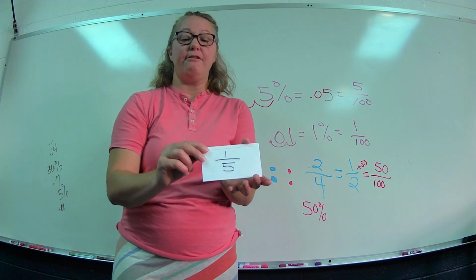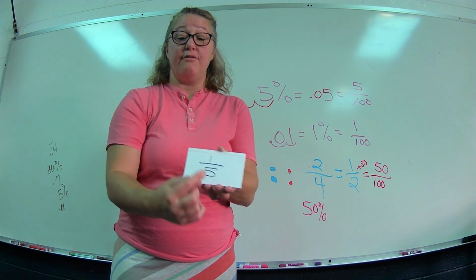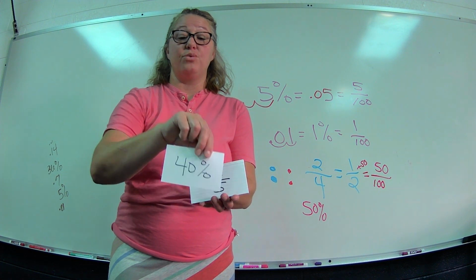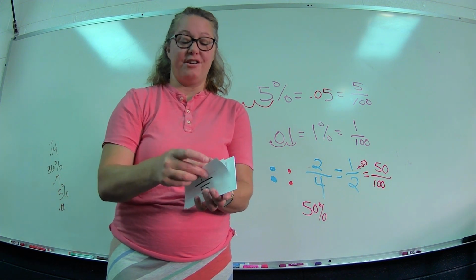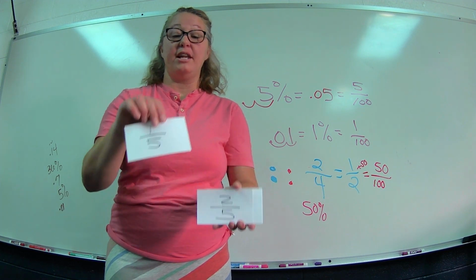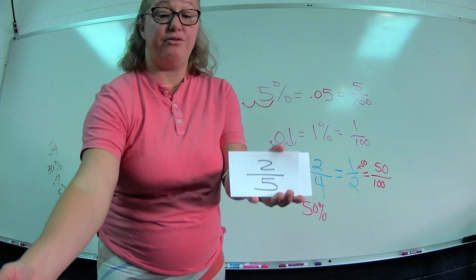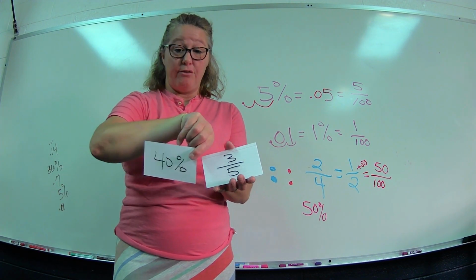All right, 1/5. 5 goes into 100 20 times. 1 times 20 gives you 20. Whoa, I took too many cards. 20%. Now we have 2/5. Well, if 1/5 was 20%, what do you think 2/5 is? 40%.